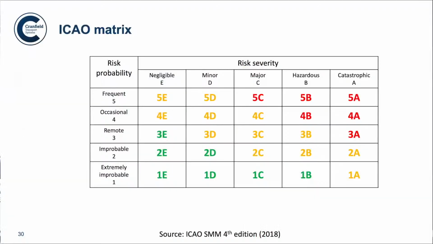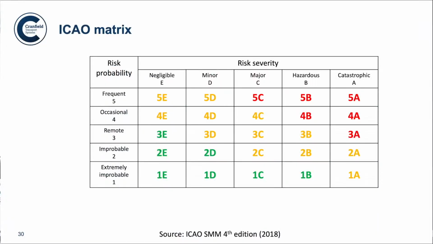But what this has led to is that the resulting risk matrix in the Safety Management Manual is no longer just multiplying out 5 times 5 equals 25 or 4 times 3 equals 12. It's actually now dropped those numerical values, and what we have instead is just labels really of, as you can see for yourself, 5Ds, 3Cs, etc. But the problem still remains that when we look at that, due to the nature of risk matrices, how do we decide whether, say, a 4A is worse than a 5C, for example?